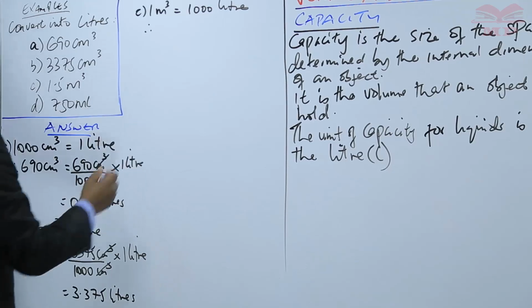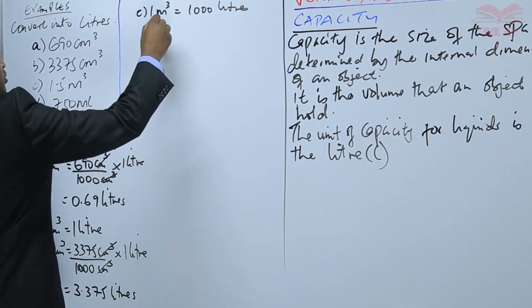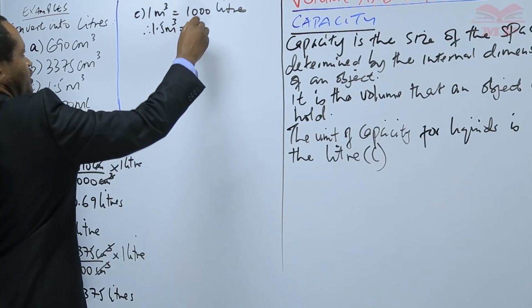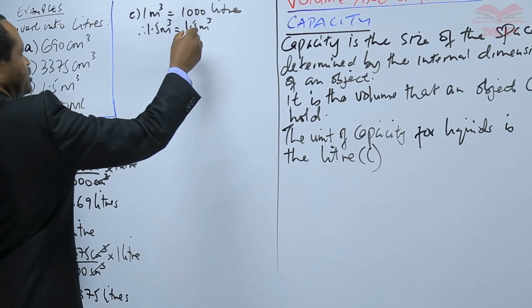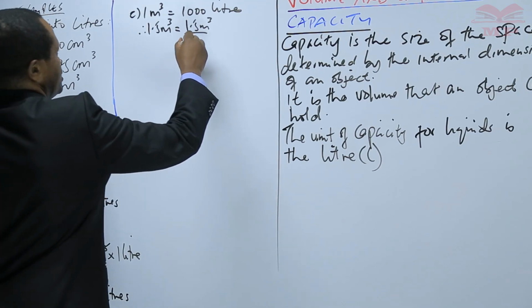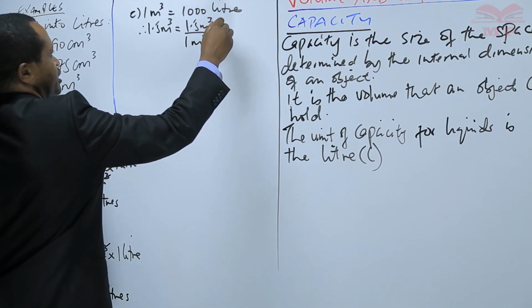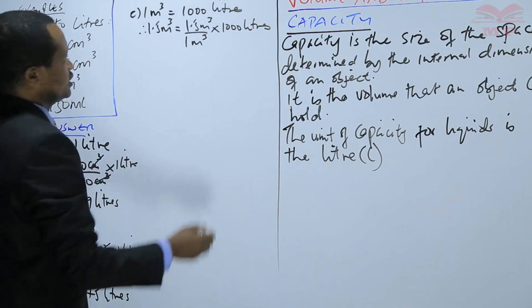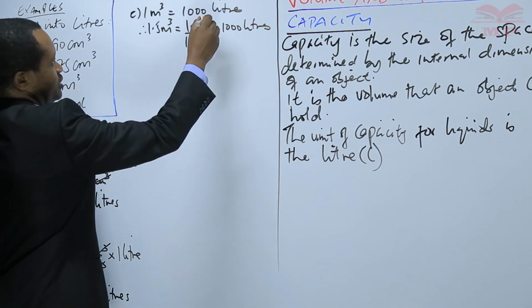Therefore 1.5 cubic meters will be equal to 1.5 cubic meters divided by 1 cubic meter times 1,000 liters. So this will cancel out with that.